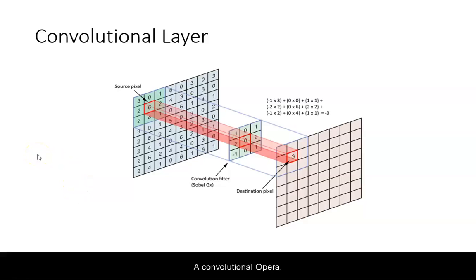So a convolutional operator is one of the fundamental building blocks of a convolutional neural network. In this example, I have used a kernel or a filter which is called a Sobel filter.